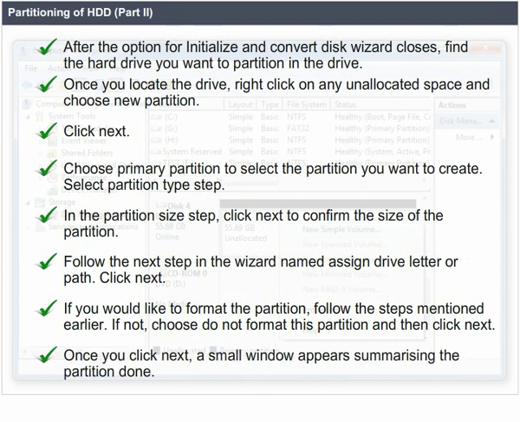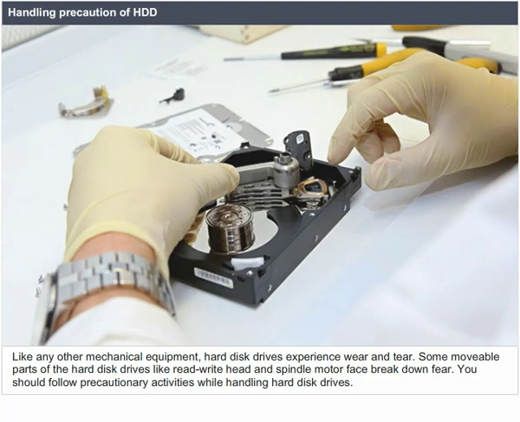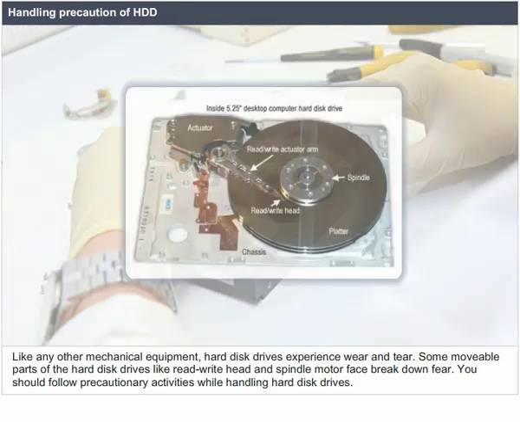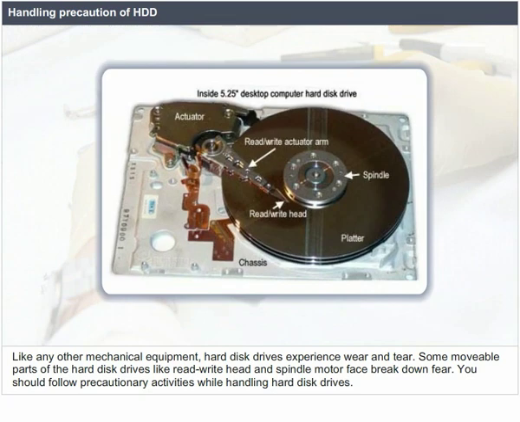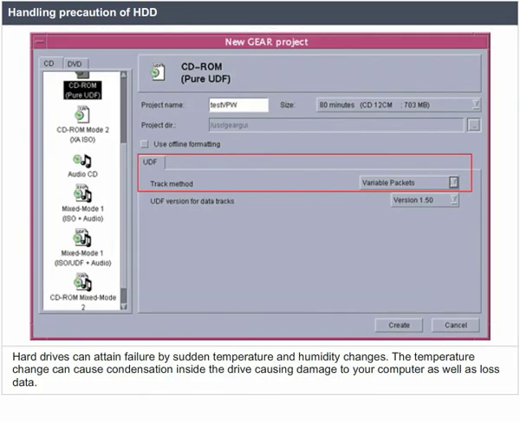Handling precautions of HDD. Like any other mechanical equipment, hard disk drives experience wear and tear. Some movable parts of the hard disk drives, like the read-write head and spindle motor, are susceptible to breakdown. You should follow precautionary activities while handling hard disk drives. Hard drives can fail due to sudden temperature and humidity changes.